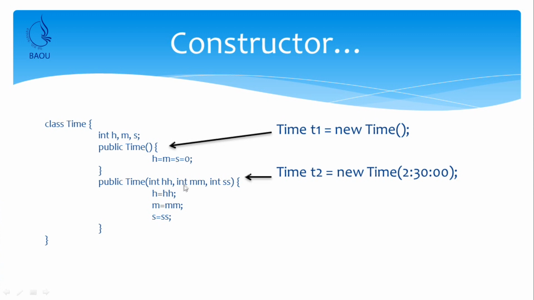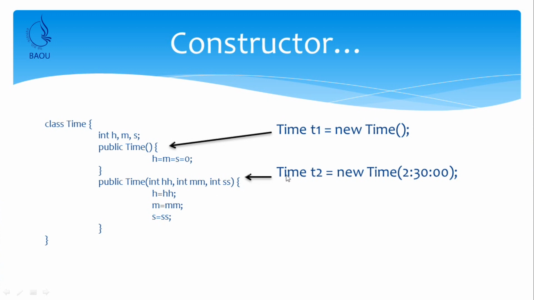Now, we write down another constructor to initialize all 3 variables to different values specified by the user. So, here Time is the class name. So, it represents a constructor, it is public and it takes 3 arguments HH, MM and SS of type integer, which match our instance variable types, and it initializes h to the first argument, m to the second argument and s to the third argument.